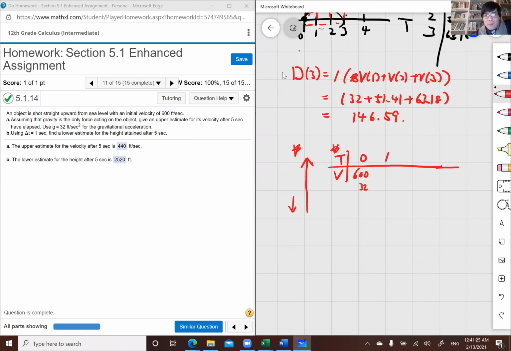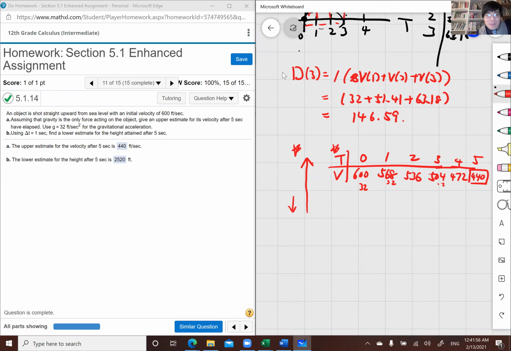So it's going to be 568 feet per second after 1 second. After 2 seconds, you lose another 32. After 3 seconds, another 32, and 32, and 32. So after 5 seconds, the speed has decreased to 440 feet per second.